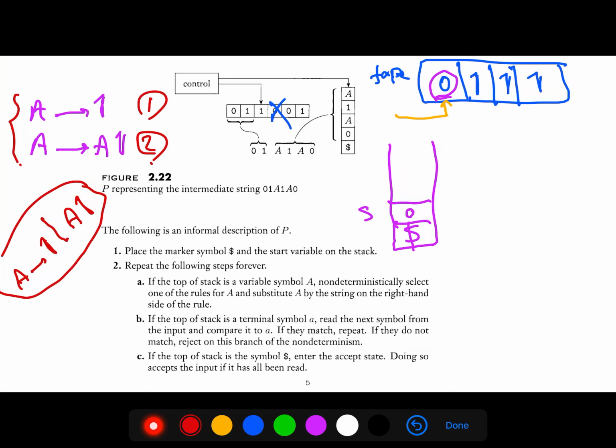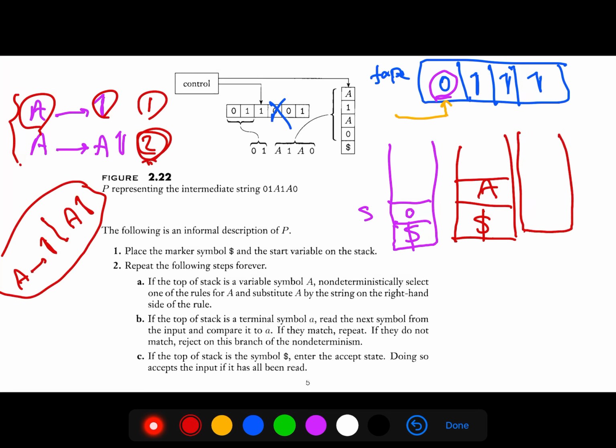And now I just replace 0 with A, and so my stack becomes $, and then A. And then I replace A, so I use rule number 2, and I replace A by A1.